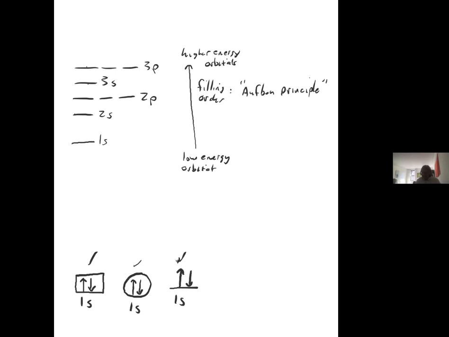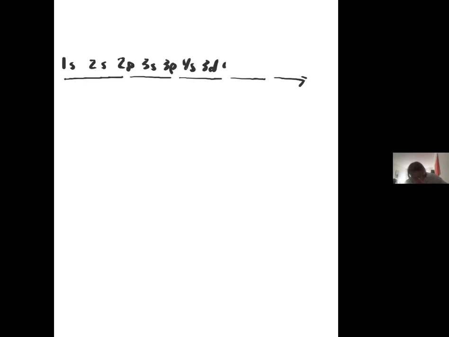Now, let me show you the order of filling again. I know I did that yesterday, but I want to show you the order of filling. It goes 1s, 2s, 2p. Now I'm doing it horizontally instead of vertically, because we tend to write horizontally in English. 3s, 3p, 4s, 3d, 4p, 5s, 4d, 5p, 6s, 4f, 5d, okay?